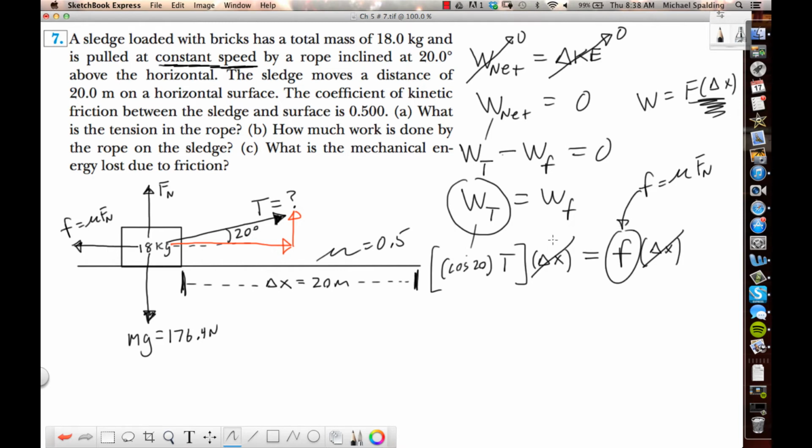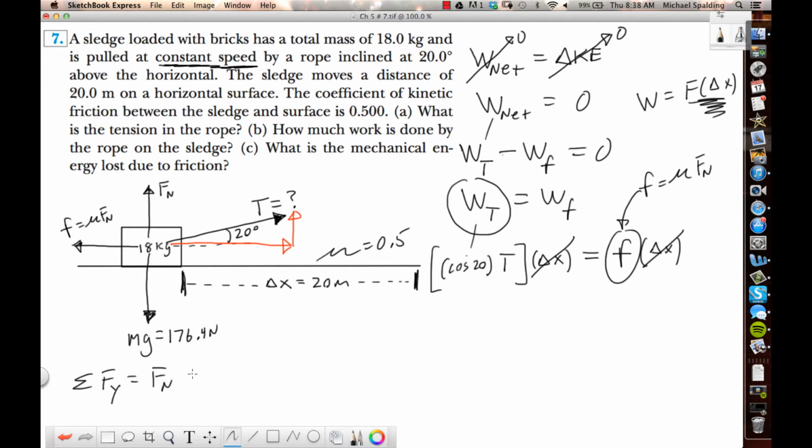But then that brings up another question. Well, what's the normal force? And here's where the problem becomes more complex. I wouldn't really give this to you on a quiz because here's where it gets complex. To get the normal force, you have to do some Chapter 4 stuff. To figure out what the normal force is, you have to sum the forces in the y direction.